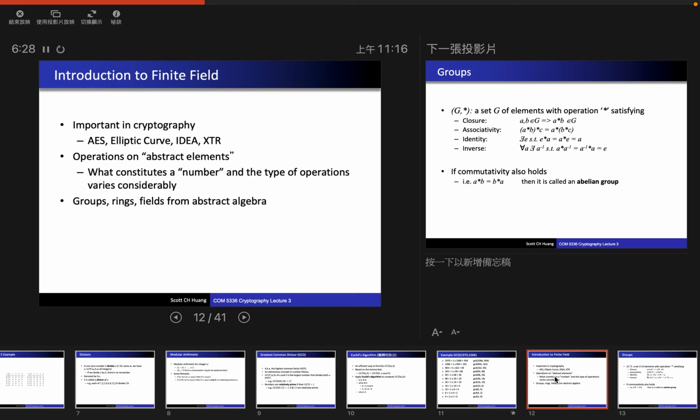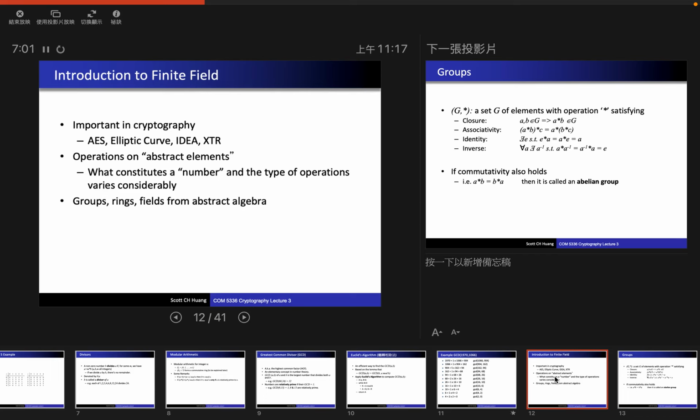Although these operations are purely abstract, they follow pretty much 99% of the rules of what we learned. So when I first learned this topic, it was something that is both very familiar and not that familiar at the same time.